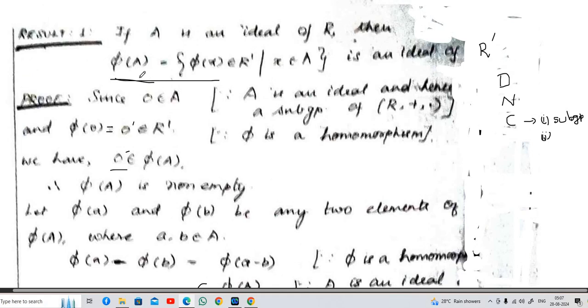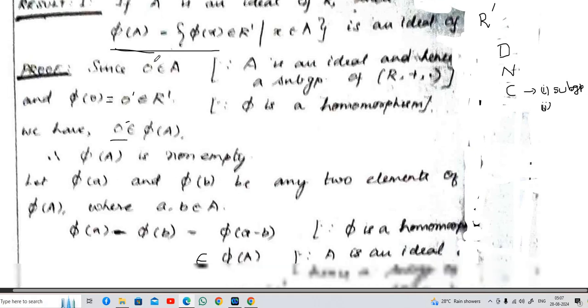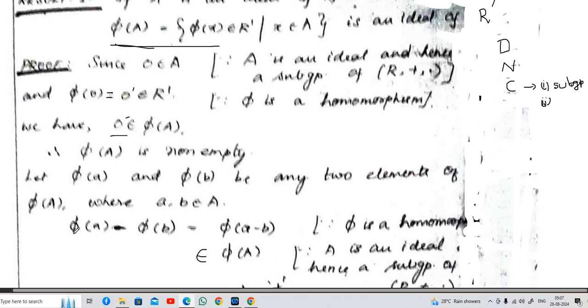And then to prove that it's a subgroup under addition, the description is over, non-empty we have also established, and for the subgroup we have to consider two elements, phi of a and phi of b, any two elements in phi of A. When we consider the difference, phi of a minus phi of b, because phi is a homomorphism, you have phi of a minus b, and a, b are in capital A. Where are this a and b?